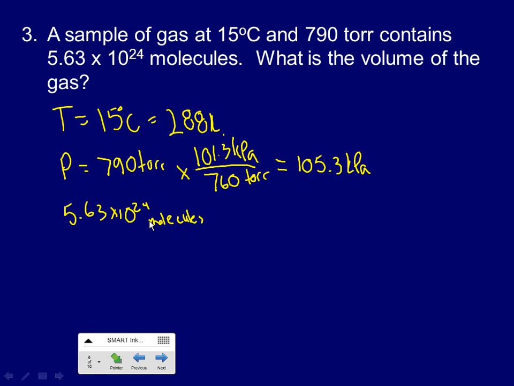How do I turn individual molecules into moles? Yep. Yes. We use Avogadro's number, 1 mole over 6.02 times 10 to the 23. I had to take a look. Times 10 to the 23.